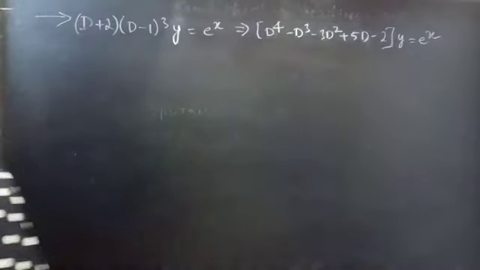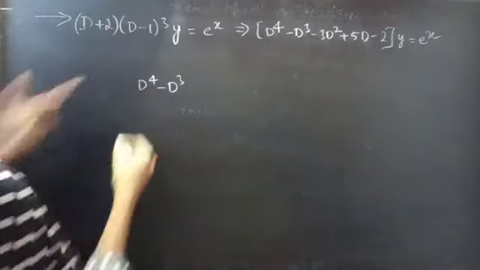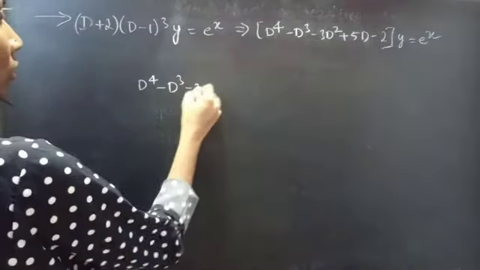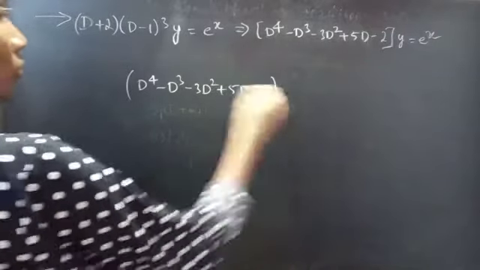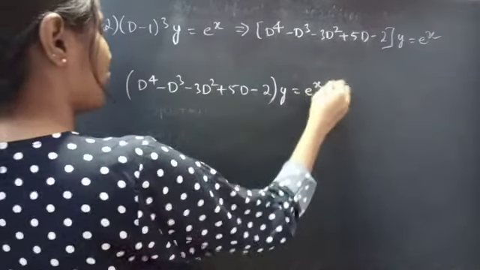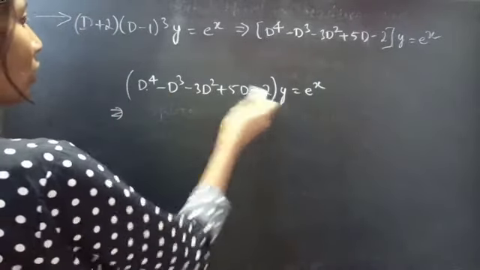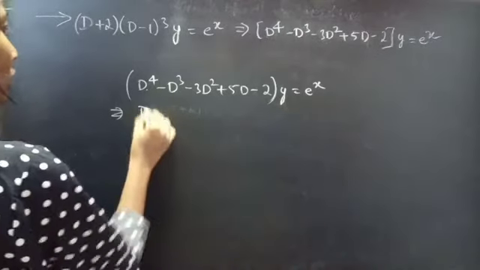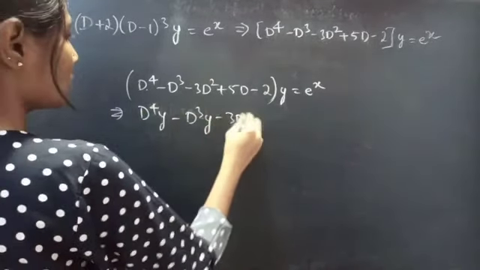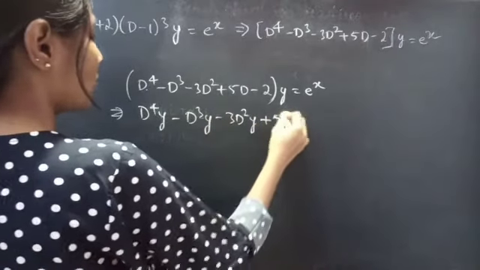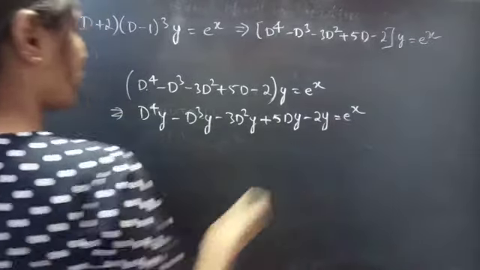Now consider this equation, D^4 minus D^3 minus 3D^2, we'll just simplify this, plus 5D minus 2, into y equals e^x. Now we can write this by multiplying all these five terms with y: D^4 y minus D^3 y minus 3D^2 y plus 5Dy minus 2y equals e^x, right?